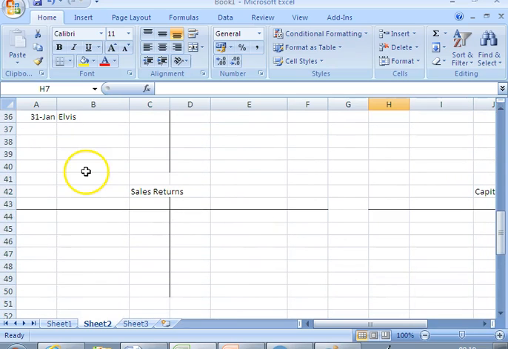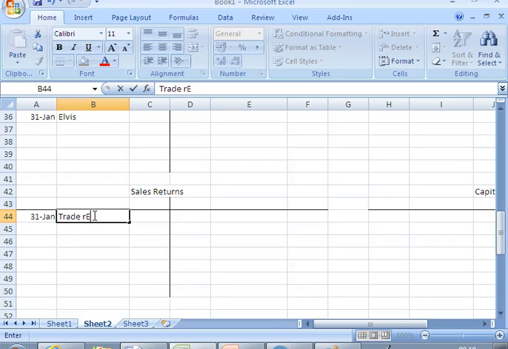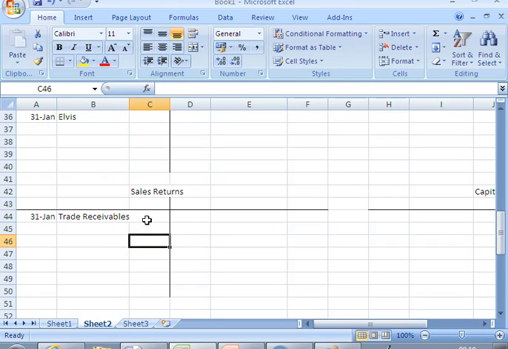Here we are, sales returns. So technically we have a fall in our sales returns, and what we have is trade receivables, and I believe it was for £200.